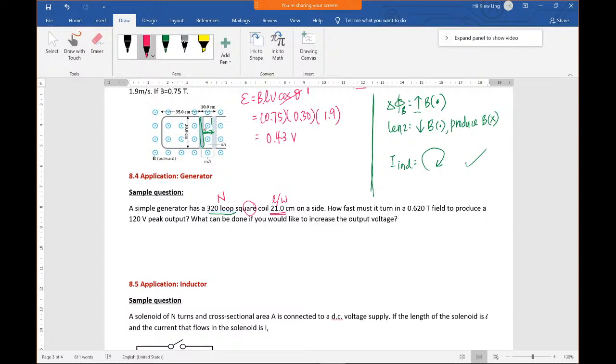How fast must it turn in 0.62 Tesla in order to produce a V0 of 120 volts, which is the peak output? Peak means this is the maximum value, yeah?